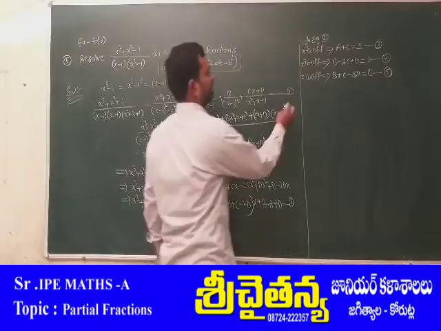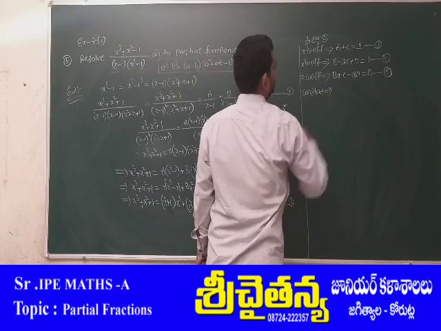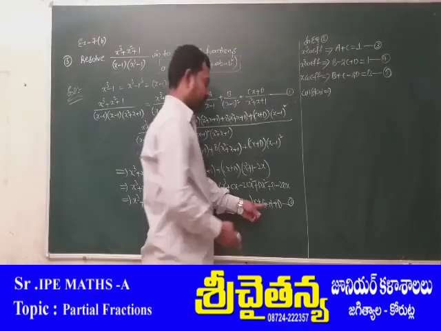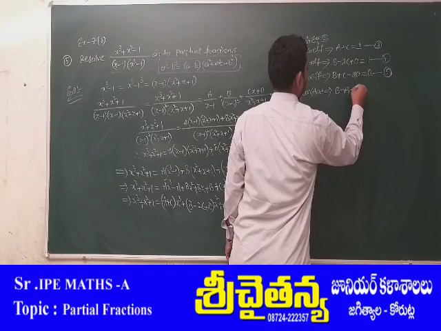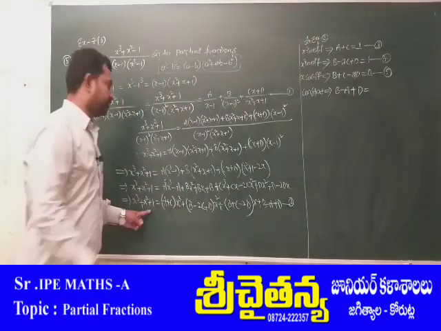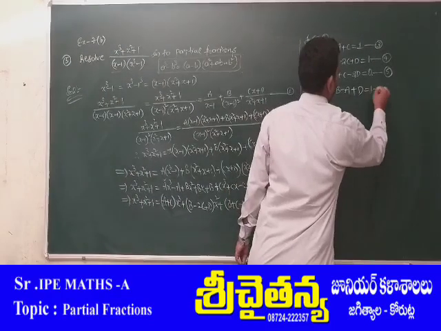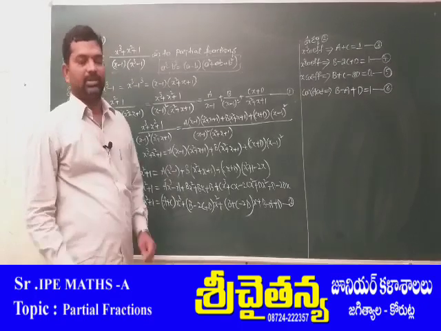Last, equate the constant terms. The constant terms are b minus a plus d is equal to, what is the constant term here? 1. This is equation number 6.